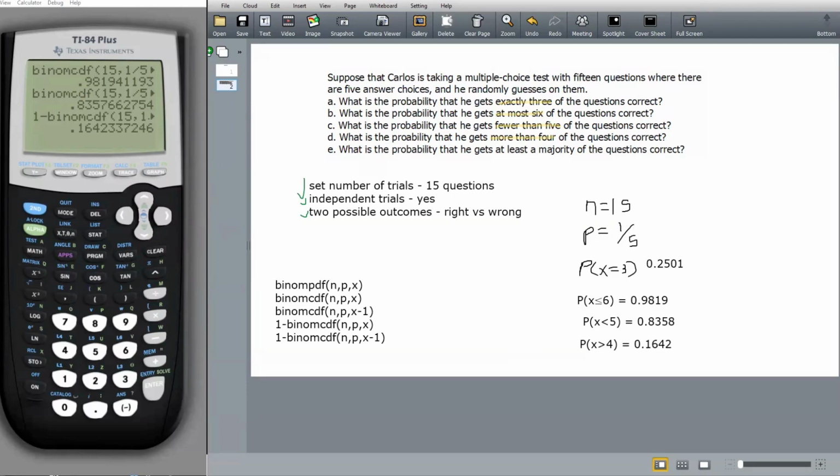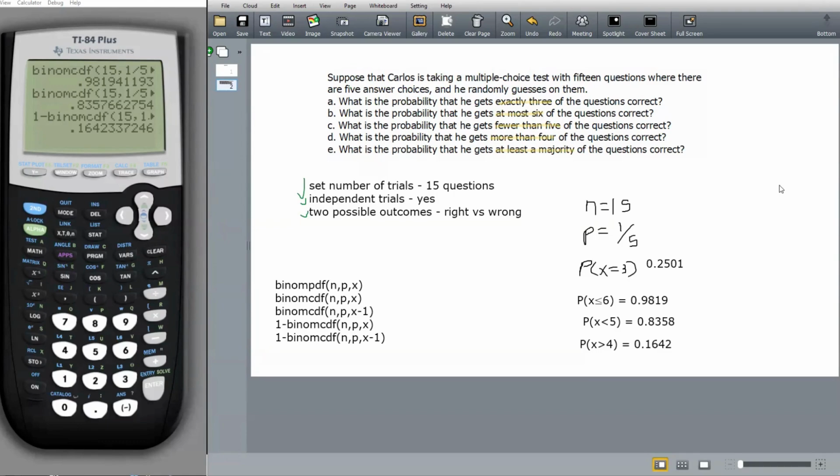And last but not least, my final question says, what is the probability he gets at least a majority of the questions correct? This one is harder than the other ones because it doesn't give me what x is. I have to find what x is before I can do my probability calculation. A majority is going to be more than half of whatever my number of outcomes is. In this case, my number of outcomes is 15 because I have a 15 question test.